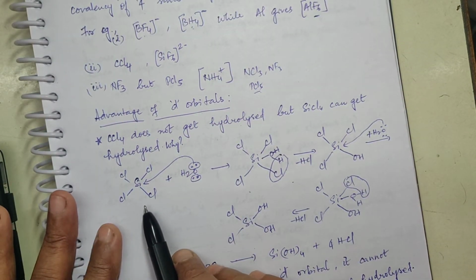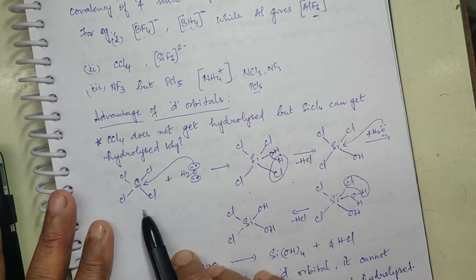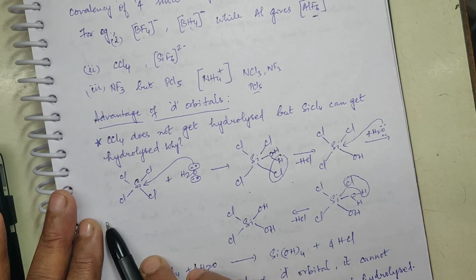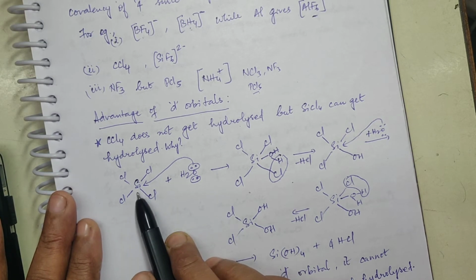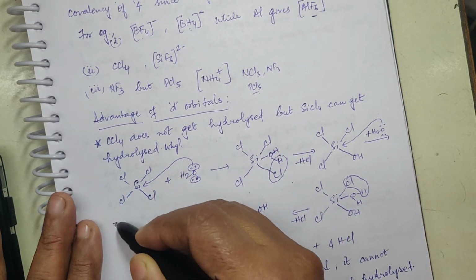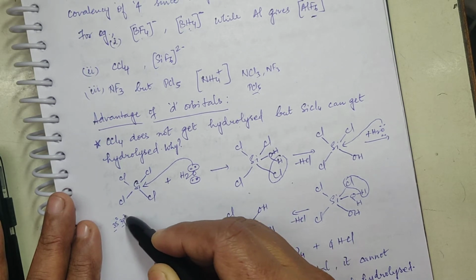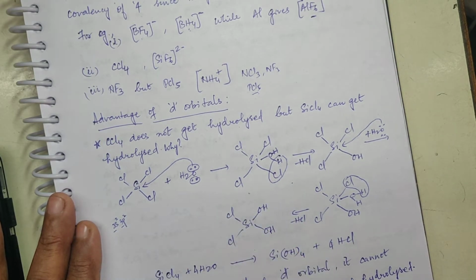Now let us explain why SiCl4 gets hydrolyzed. Now this is SiCl4 structure, and you know very well that there are empty d orbitals in the case of silicon. Silicon is having 2 8 4 configuration, so you have 3s2, 3p2. So once you have entered the third shell, that means d orbitals are also there, though it may be empty.